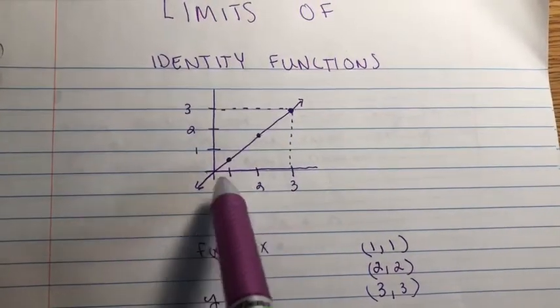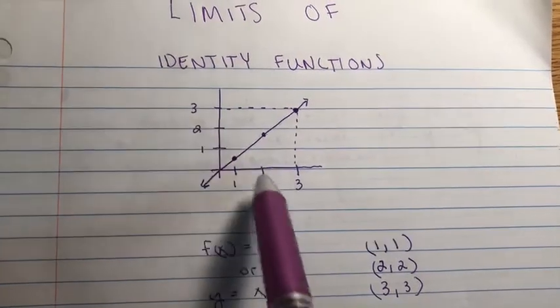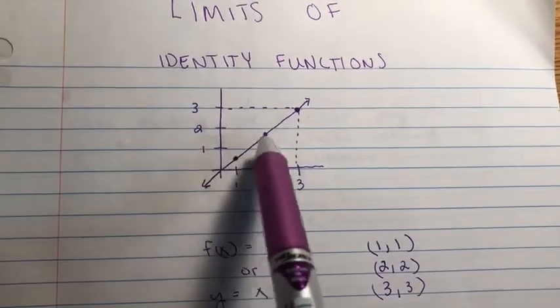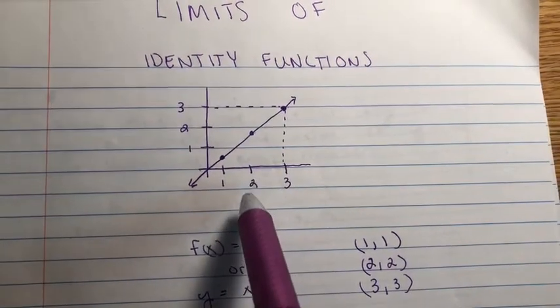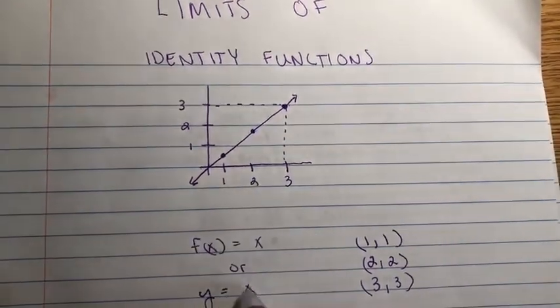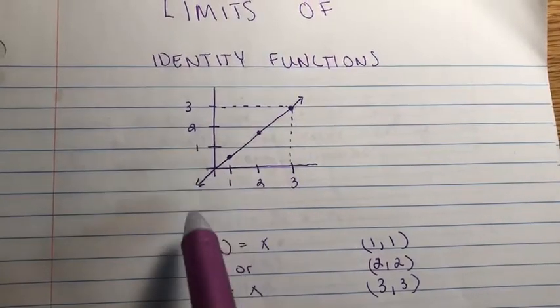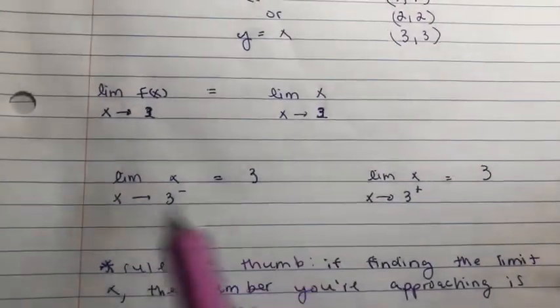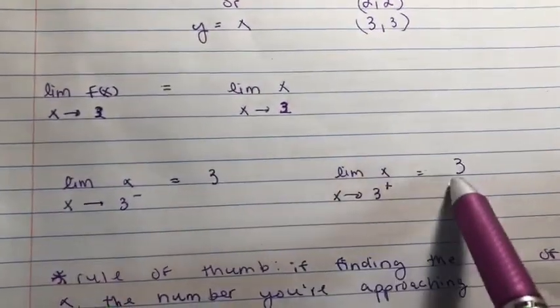So as x approaches any of these numbers, our y value is going to be the same as our x, because we're approaching it from the right and the left side. And since y is equal to x, whatever x is approaching, y is approaching the same thing. And so that's what we have. These equal 3 equals 3.